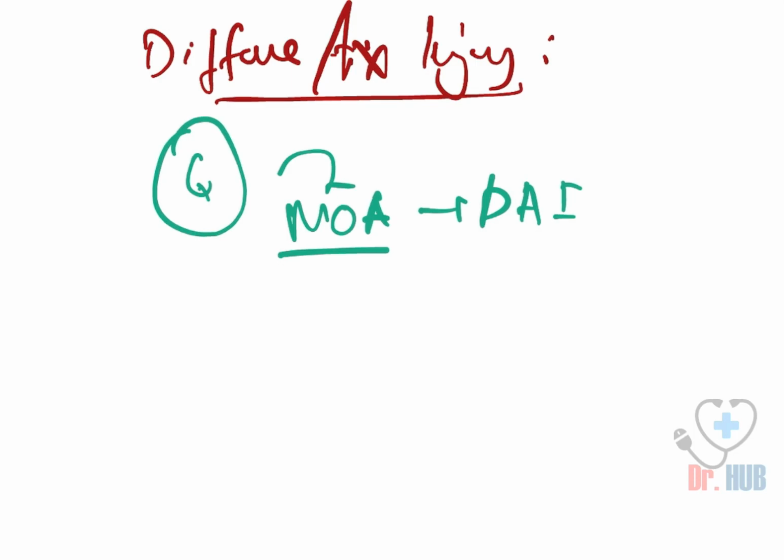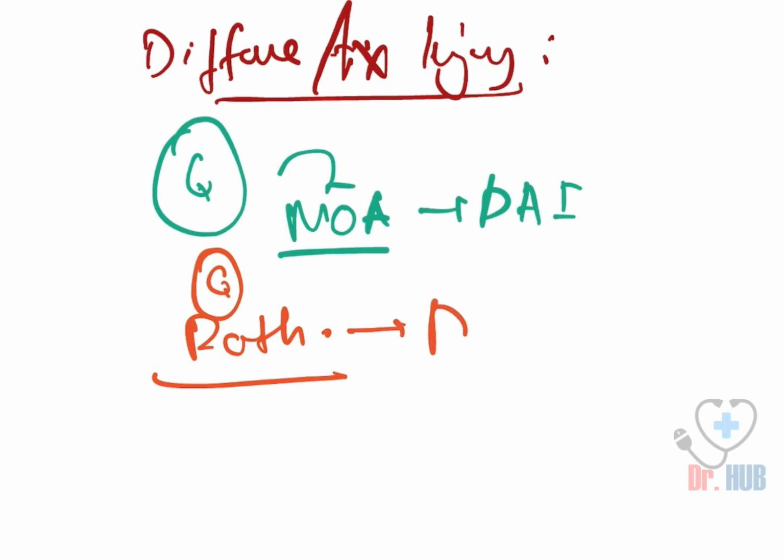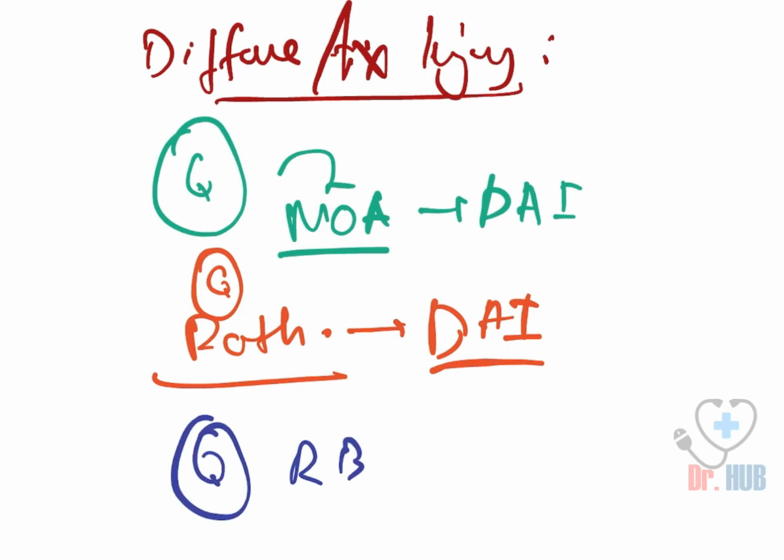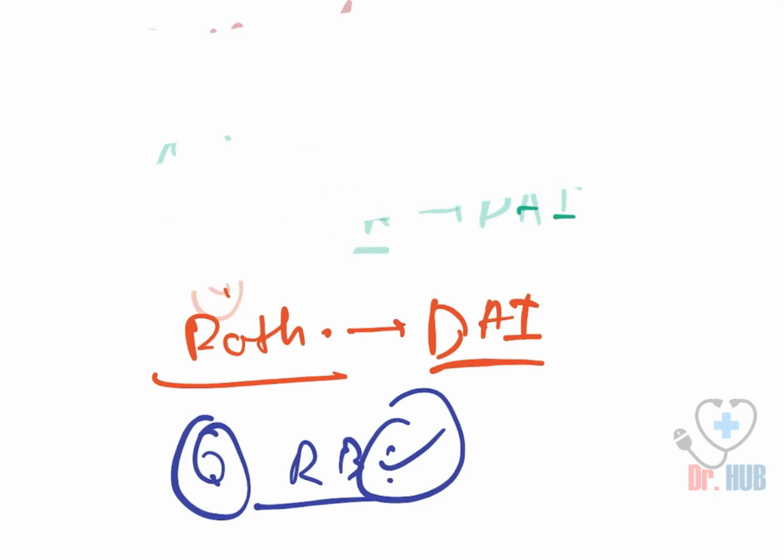And the next is, what are some of the pathological findings of DAI, that is diffuse axonal injury? Next is, what are the retraction balls? When do they appear? So we'll find out the answers to these questions and learn a lot more.